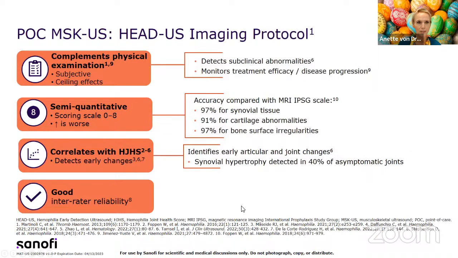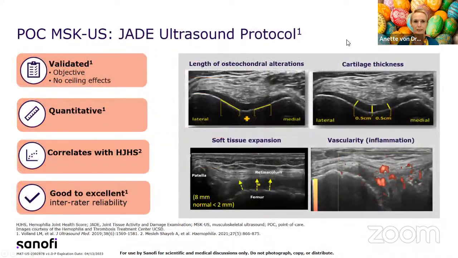In the interest of time, I will just move forward and go to the next protocol, and that is the JADE ultrasound protocol. That is a fully validated protocol. It is objective in that it relies on measurements. It has no ceiling effects, and versus the HeadUS protocol, which is maybe better for early joint changes and a little difficult to evaluate later joint changes, this here allows for joint changes throughout all stages of arthropathy.